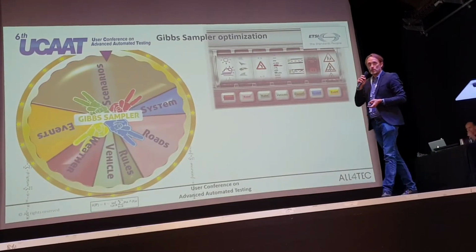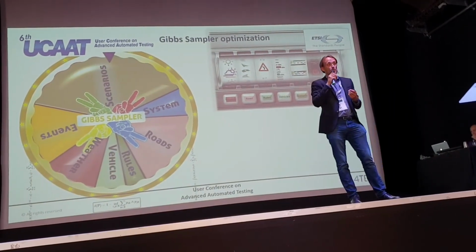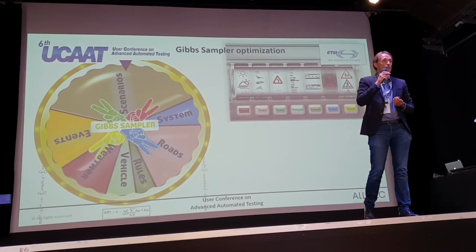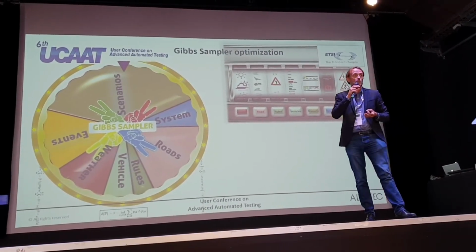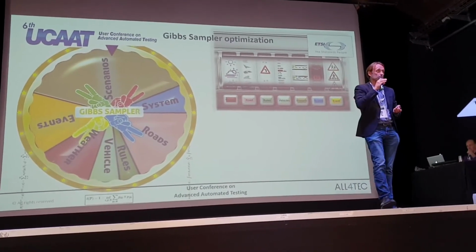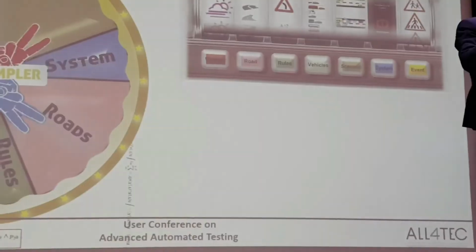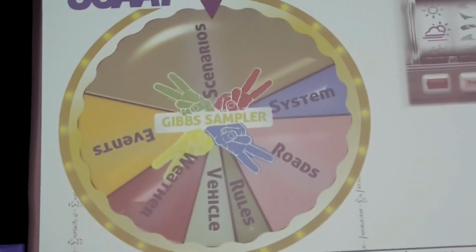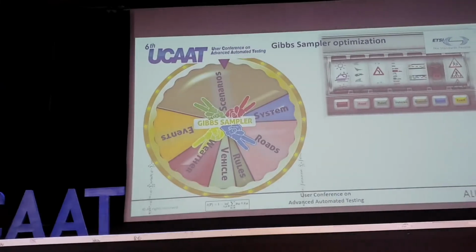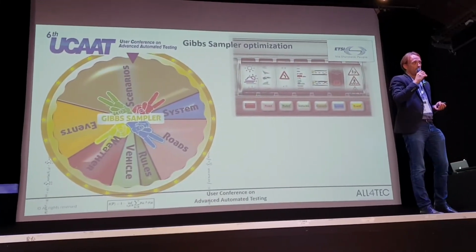Okay, now, what is the issue? If you want to have a lot of test cases, for example a few million, because we can generate this kind of amount, you will have some doubles. So it is not easy to converge to the distribution of the system.